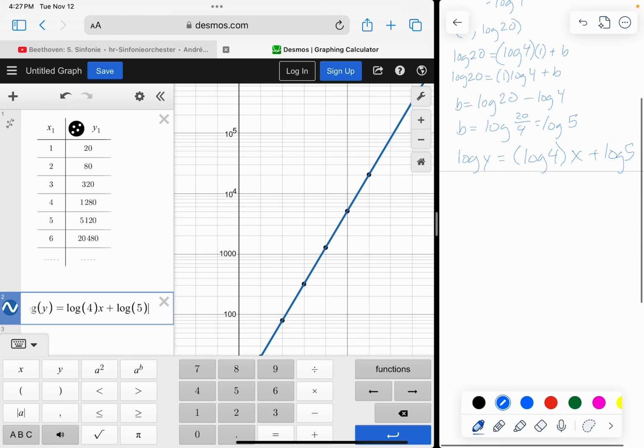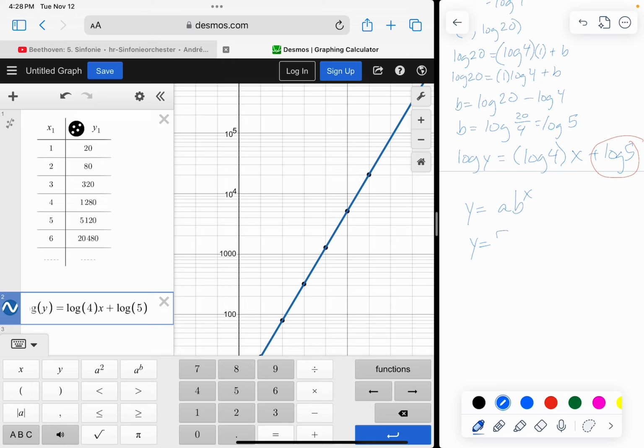Well, what's our initial, if this is my exponential form, then I have an initial amount is my A, and my growth factor, or decay factor, but in this case it's growing, is B. If I say the initial amount would correspond to B in my linear world, because B is the y-intercept. It's what happens when x equals 0.